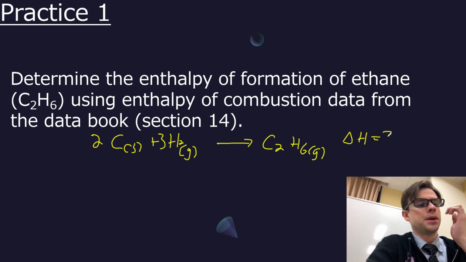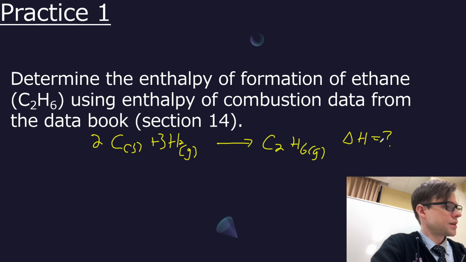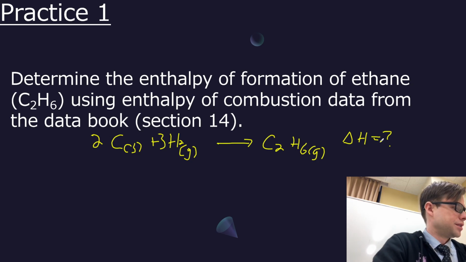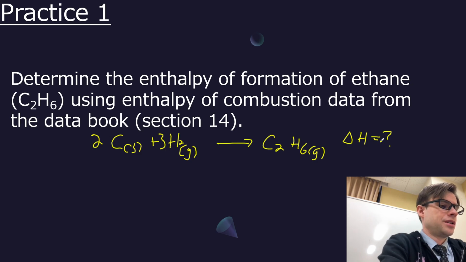What is this enthalpy? Using enthalpy of combustion data. So all the enthalpy of combustion data in section 14 is associated with a chemical equation as well, right? What is it associated with? Well, what combustion can we use? We can use the combustion of carbon and the combustion of hydrogen.